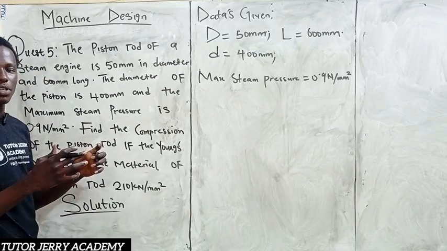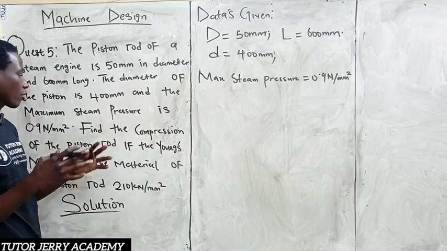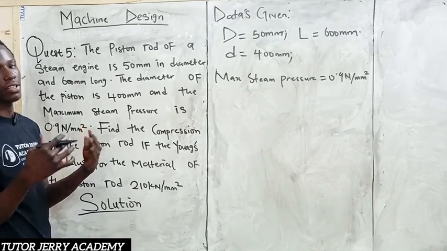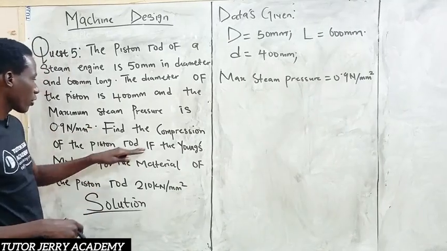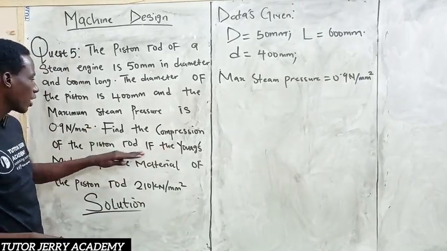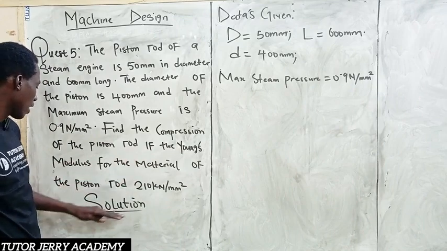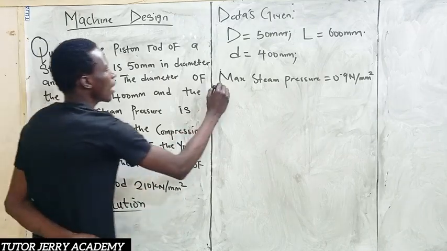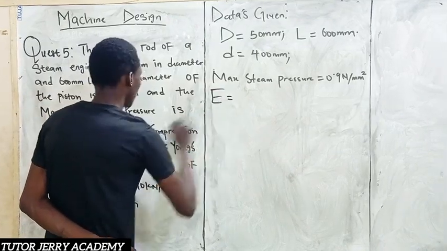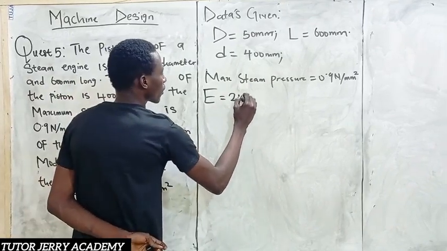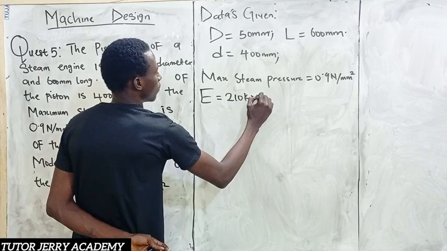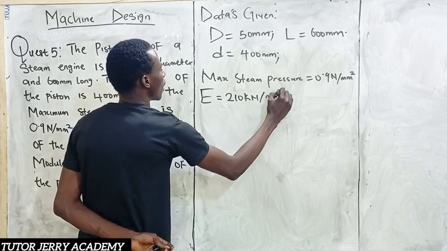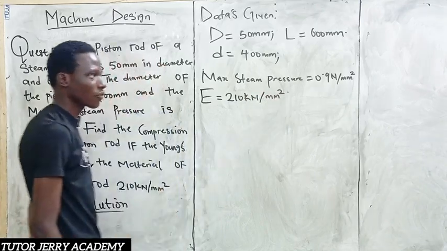And of course you know that if there is a compression, that means there is a change in length. We are told to find the compression of the piston rod if the Young modulus of the material of the piston rod is 210 kilonewton per millimeter square. So our E, which is Young modulus, is equal to 210 kilonewton per millimeter square.